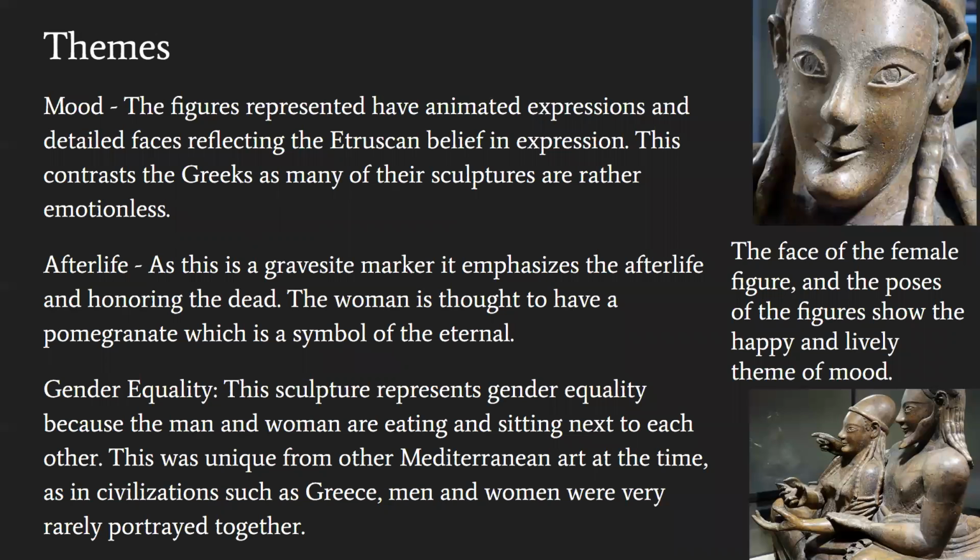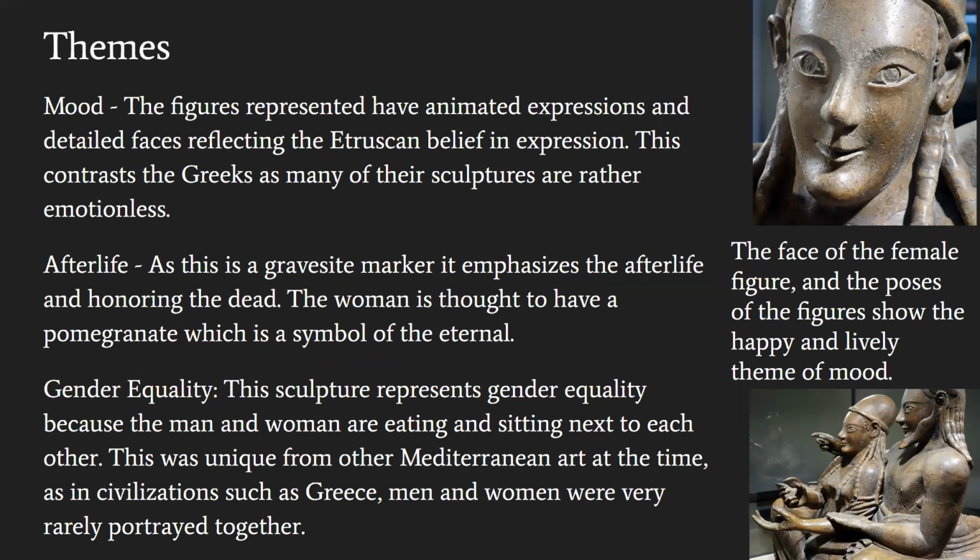So there are three themes to this sculpture, namely mood, afterlife, and gender equality. The theme of mood is depicted by the animated expressions and faces of these figures, as most artwork, especially in the Mesopotamian cultures, lacked a lot of emotion. The afterlife is also portrayed as a theme because it's used as a gravesite marker, which helps to symbolize the eternity of the afterlife and to show the funerary spirits and customs of the Etruscan civilization.